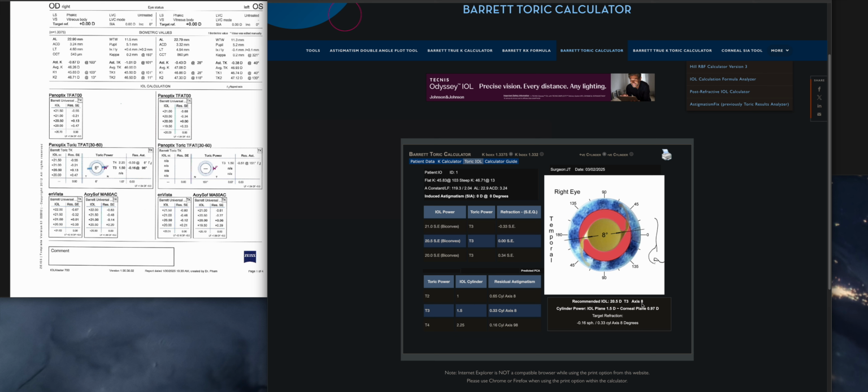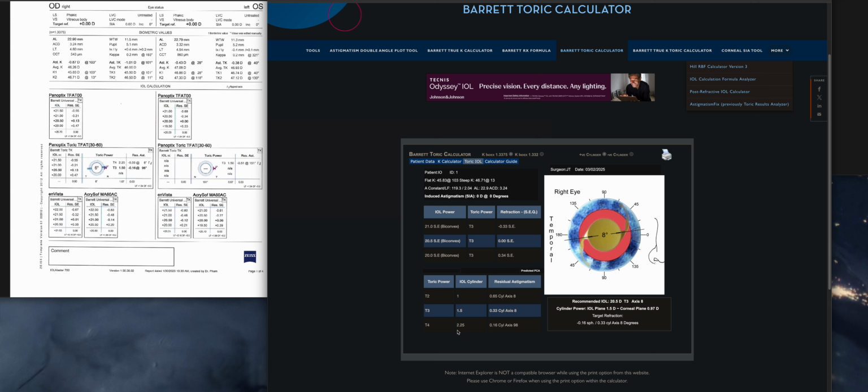That's odd. Let's see. That's odd. The astigmatism magnitude is about 0.9, and then, whichever calculation set you look at, yeah, T3 should be the right one.